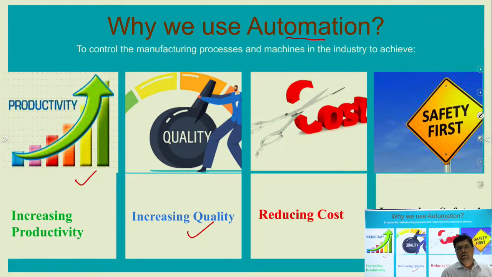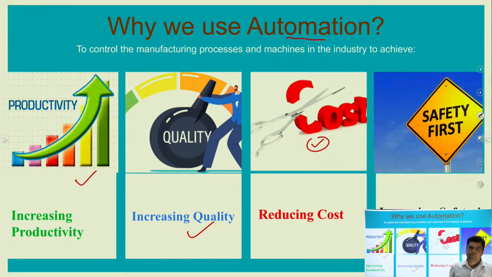And more important, the cost. Everyone focuses on the cost. What will be the cost of the product? If we increase human interference a lot, we can see the quality will be reduced as well as the cost will increase.